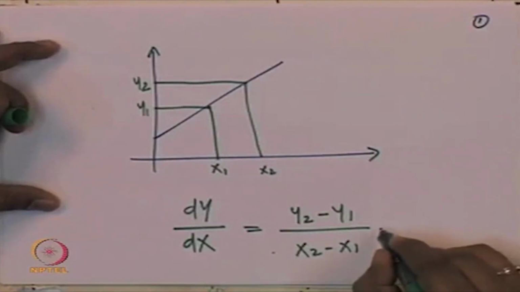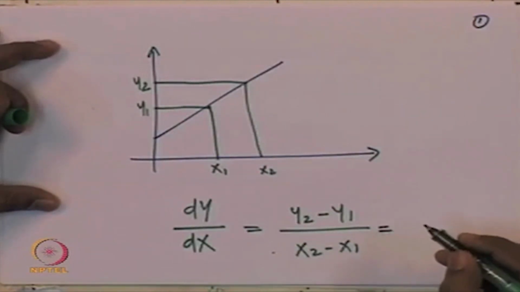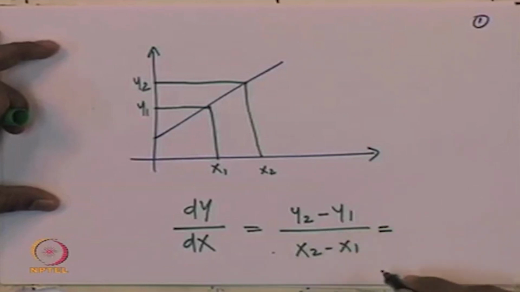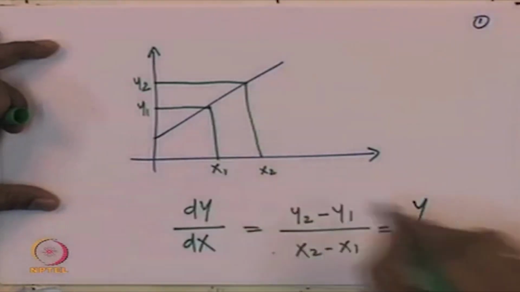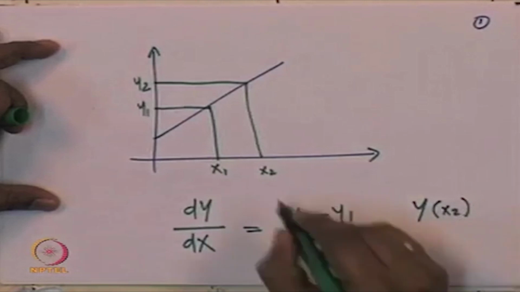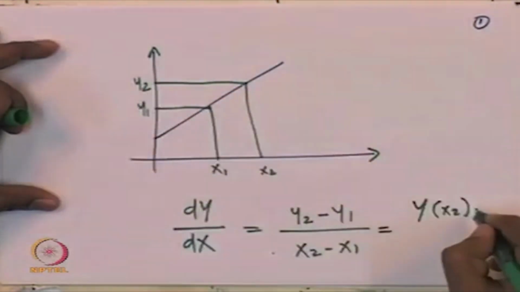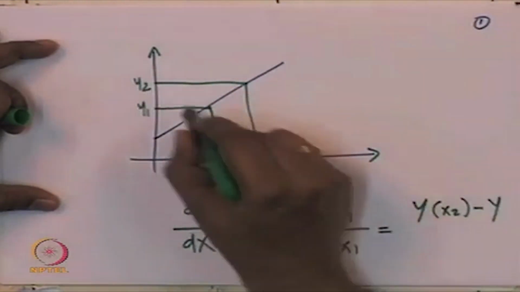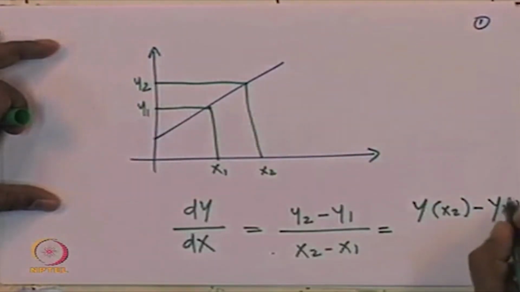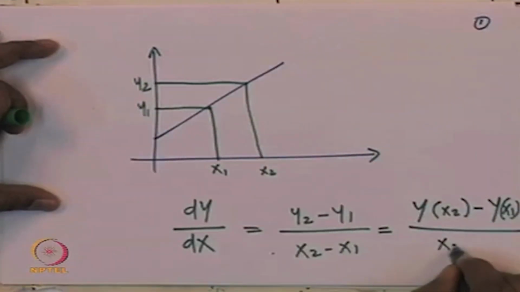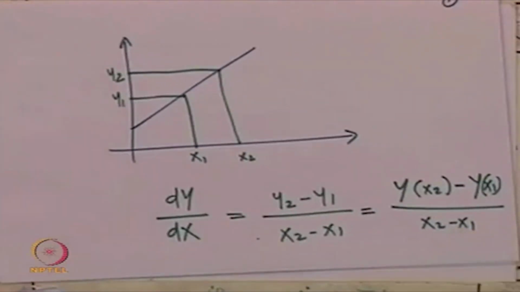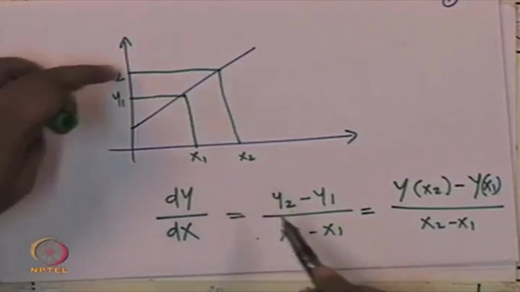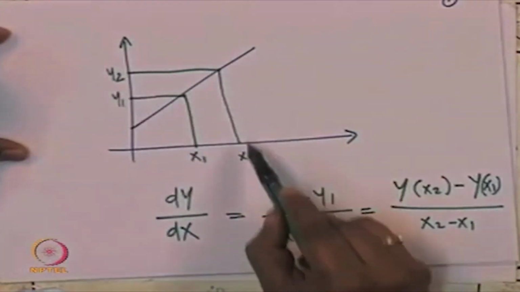We can also express this in another way. In some books you will see this written differently: y at this point x2, that is y2, minus y corresponding to x1, divided by x2 minus x1. What does it mean? y2 is nothing but y corresponding to x2.